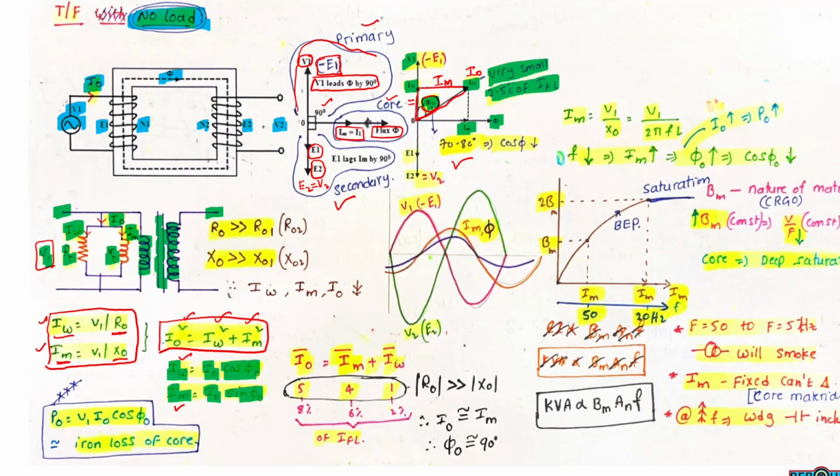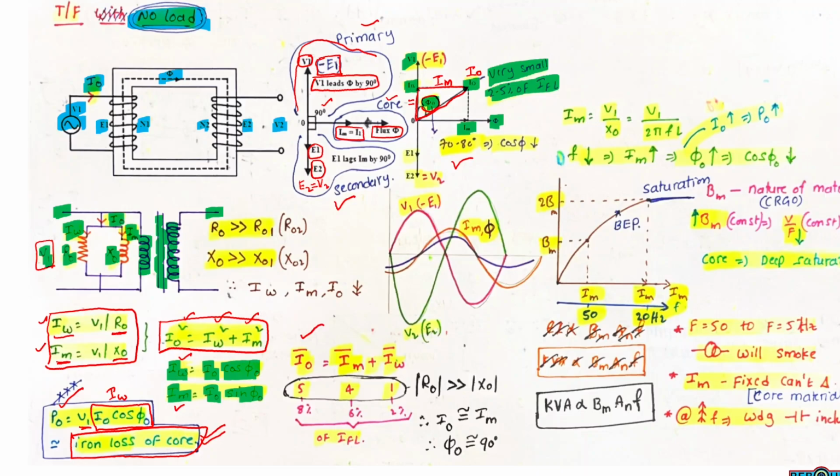From these discussions, the total power loss P0 is calculated. P0 equals supply voltage V1 times the working component I0 cos phi naught. So the no load power loss of the transformer P0 equals V1 into IW, where IW equals I0 cos phi naught. This gives the total iron loss of the transformer under no load condition.